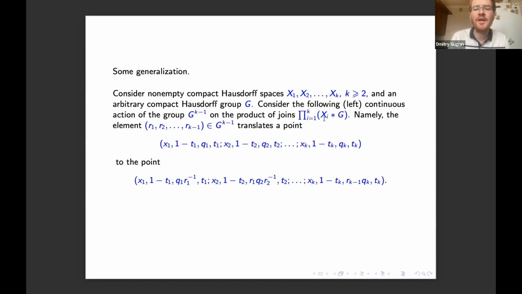You have a point from here, x1, the point from here, q1, and barycentric coordinates 1 minus t1, t1, etc. in the second join, in the third join, and the k-th join, and you send this point to the point x1, q1 r minus 1, x2, and you just take the same t1, t2, and tk, and just rotate the coordinates from here.